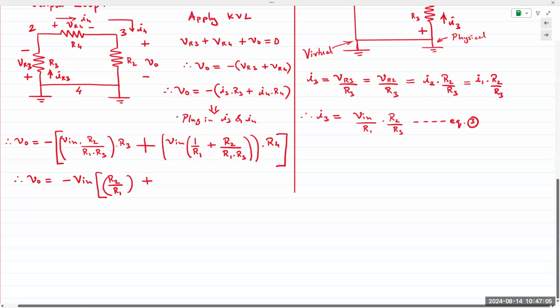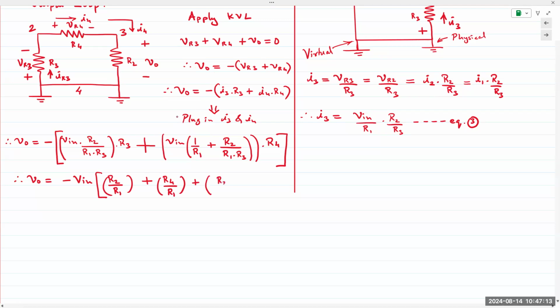So I have R4 over R1 plus R2, wait, R4, R1. Yeah, R2 times R4 over R1 times R3.